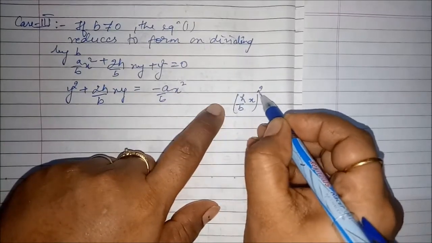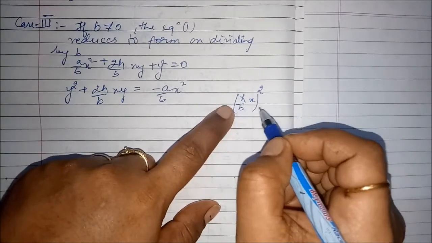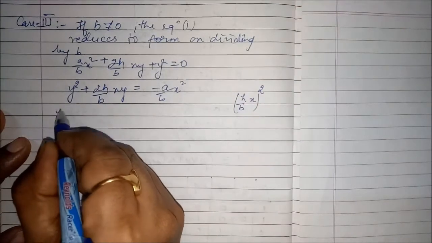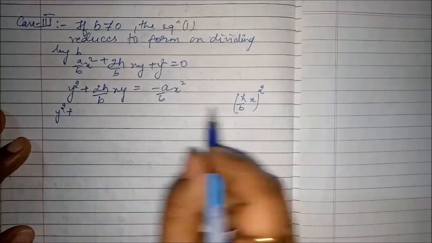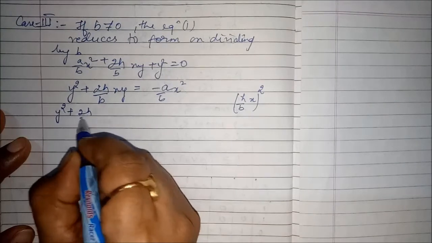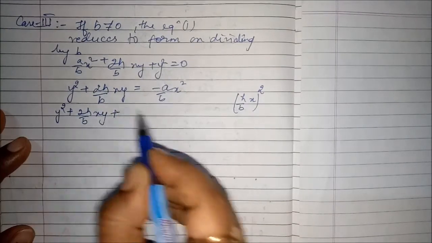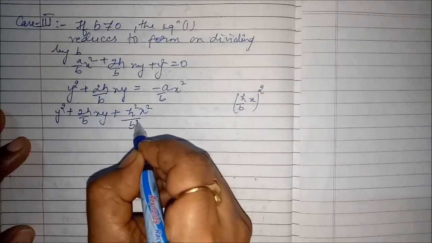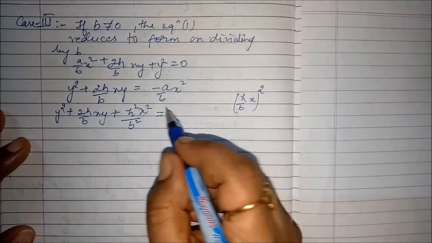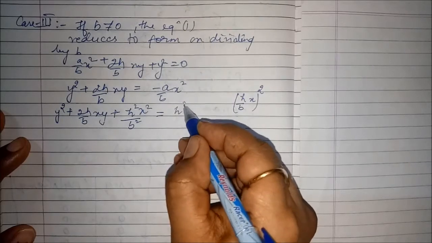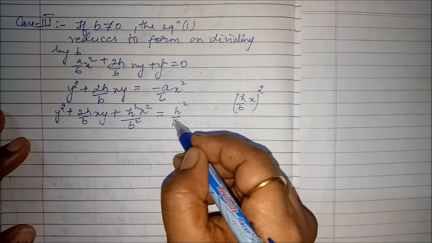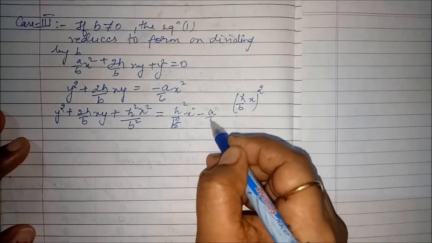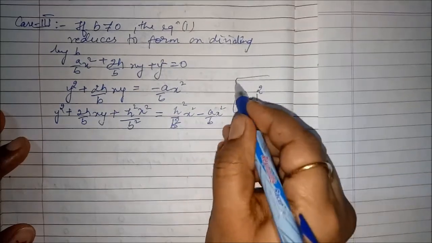Then squaring, we have to add the square of this element on both sides. So y square plus 2h upon b xy plus h square x square upon b square, we added on the right hand side also, h square upon b square x square minus a upon b x square. This is your rough.